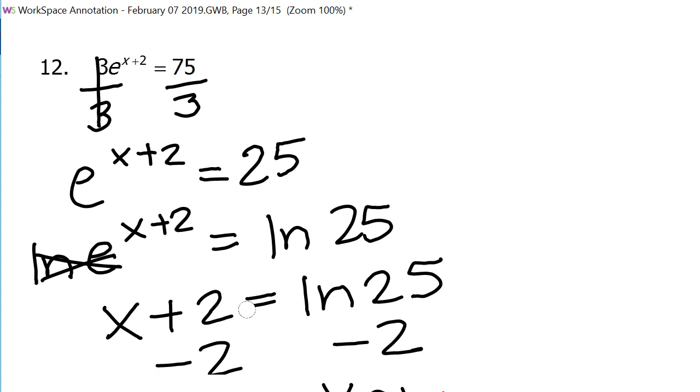So it's not 3.135, what is it? 1.219. I did the natural log of 23. Okay. So 1.219, corrected answer. Now do we agree on that one? I got the same one. Okay, good. I still got 3.135.